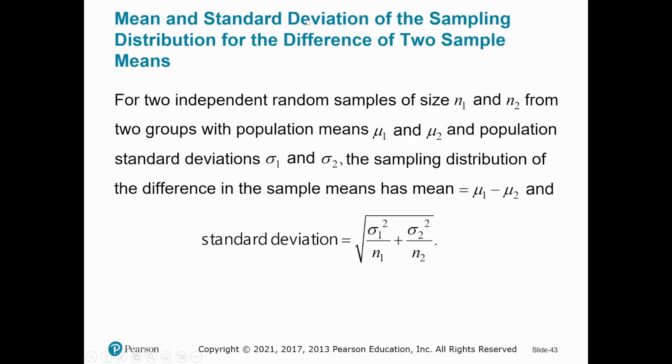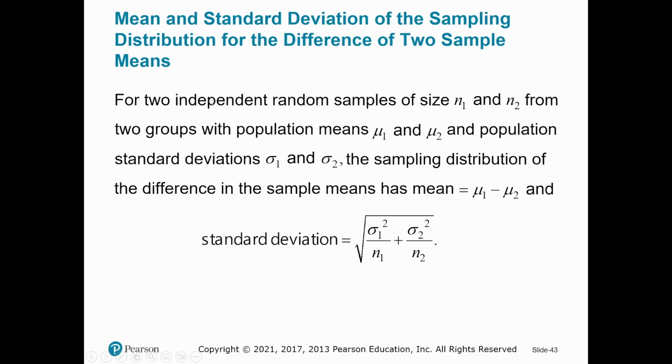Now, the mean and standard deviation of the sampling distribution for the difference of two sample means. Now, this is missing two words over here, but the words are present here. Independent and random. These words must be present for this to be valid. Okay, so this is very important.